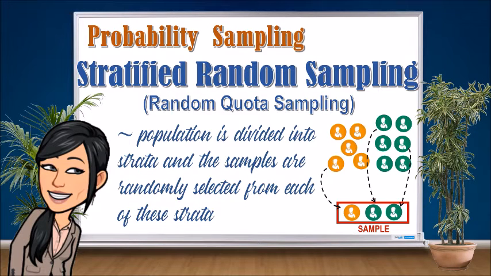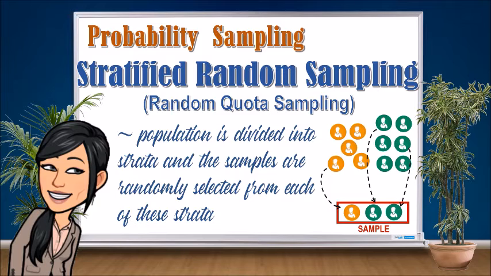The second type of probability sampling is stratified random sampling. This technique divides the elements of the population into small subgroups or strata based on the similarity in such a way that the elements within the group are homogeneous and heterogeneous among the other subgroups formed.